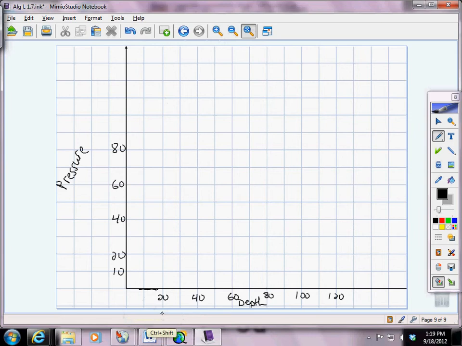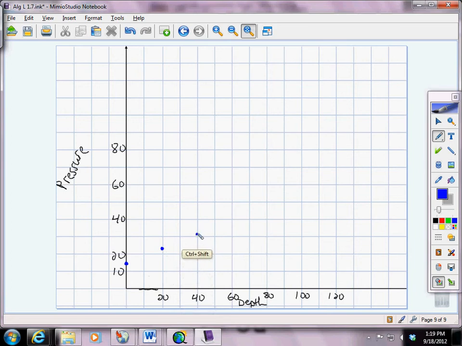So if we plot our points now, our first point was 0, 14.7. So you just approximate where 14.7 would be. Then 20, we went to 23.6. That's going to be right in here. 40 is 32.5.